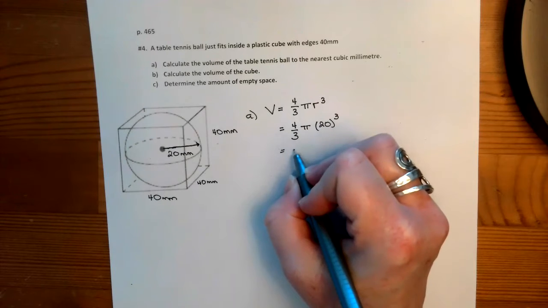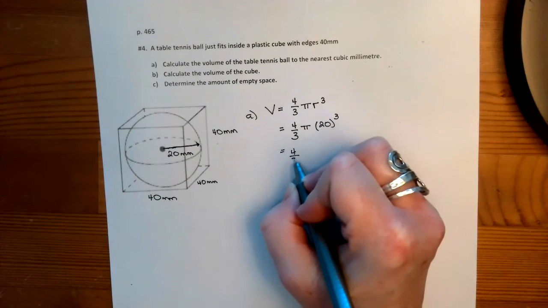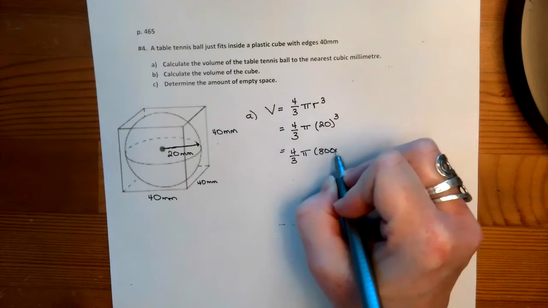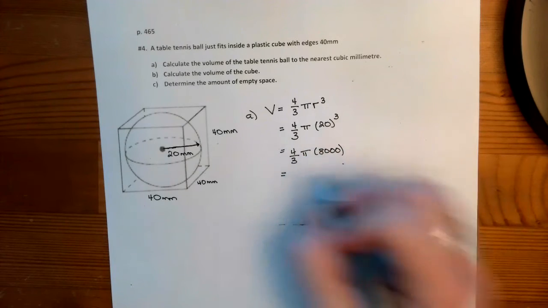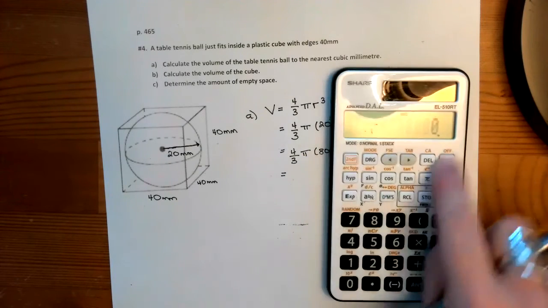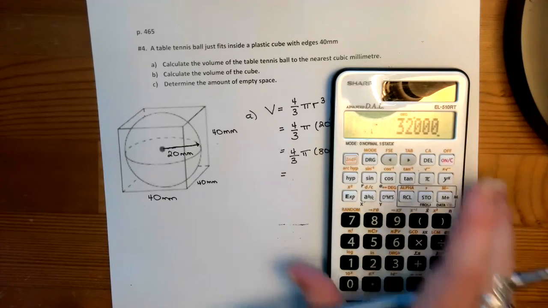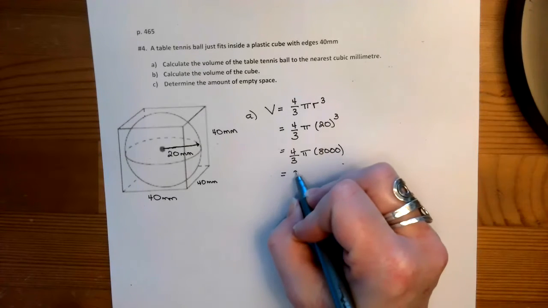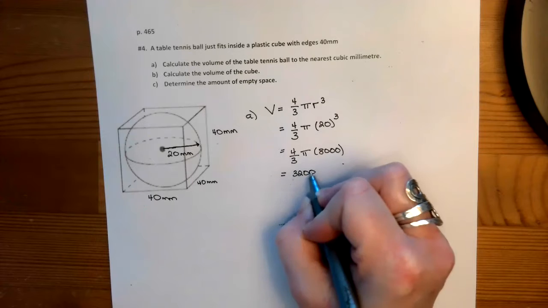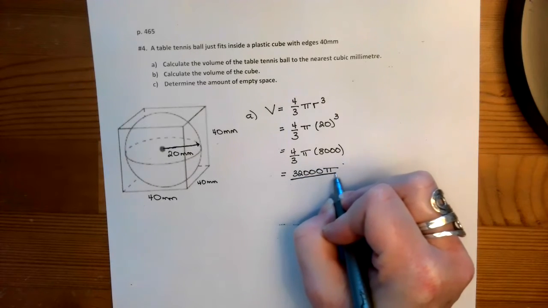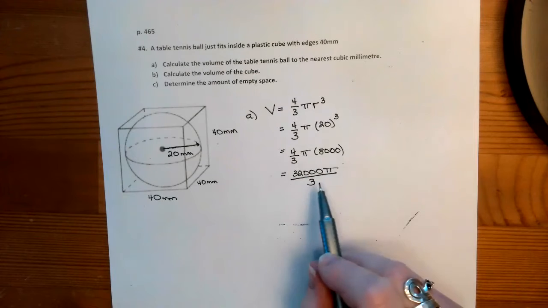So I have 4/3 pi times 8,000. To simplify even further, 4 times 8,000 is 32,000, so I have 32,000 pi over 3. That's an exact answer.